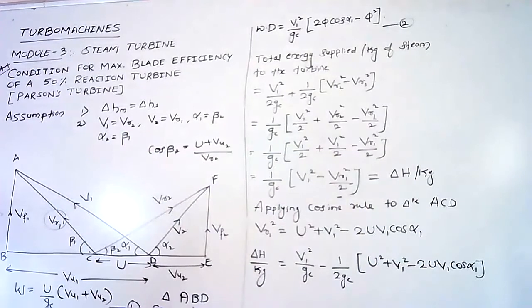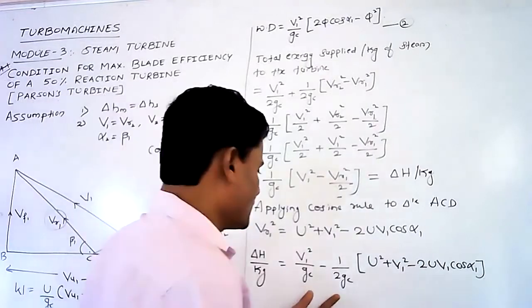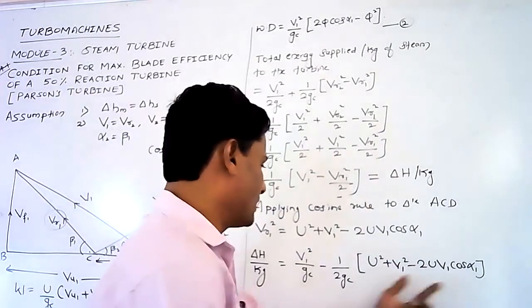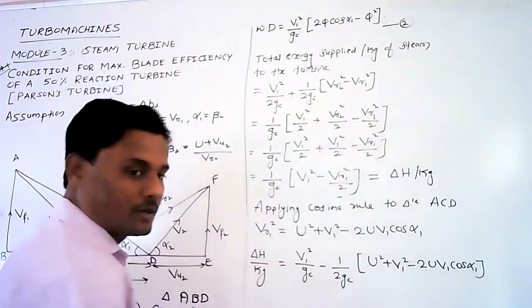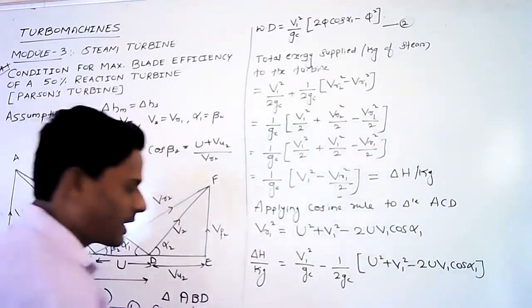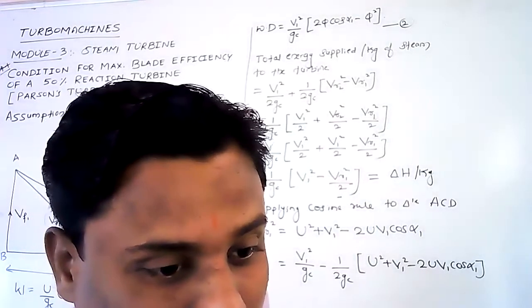Now in the next step, just open the bracket by multiplying this 1 by 2 GC.